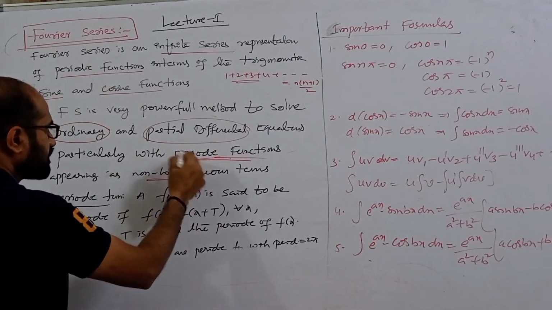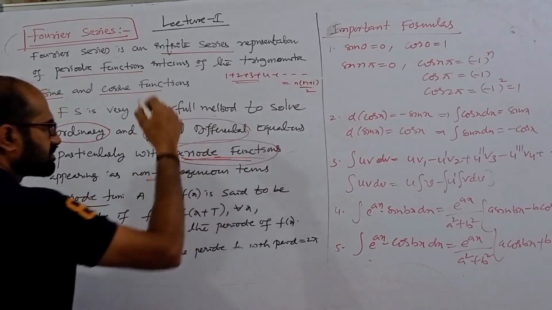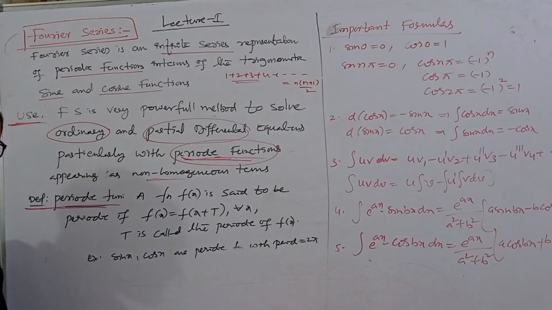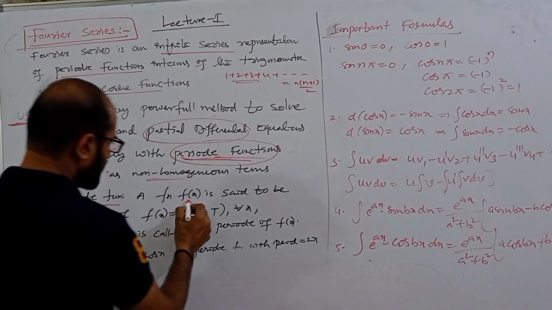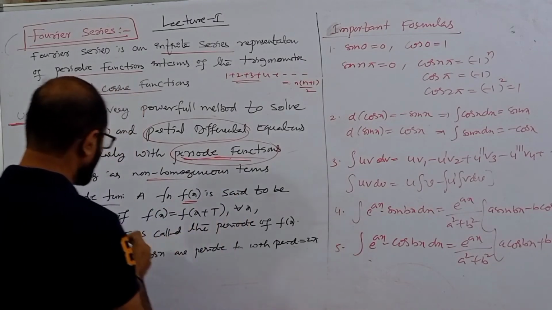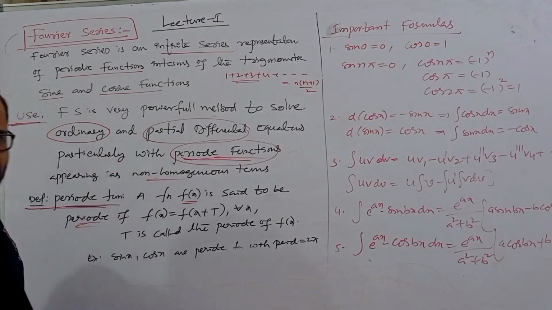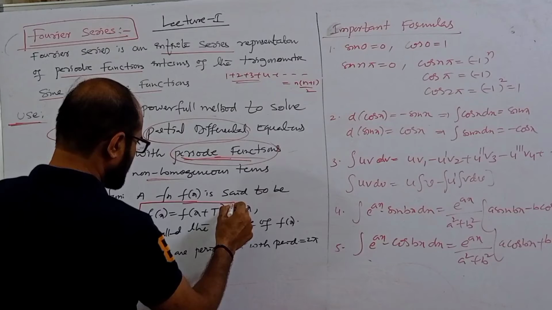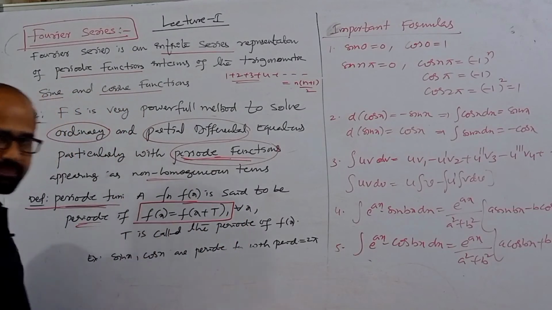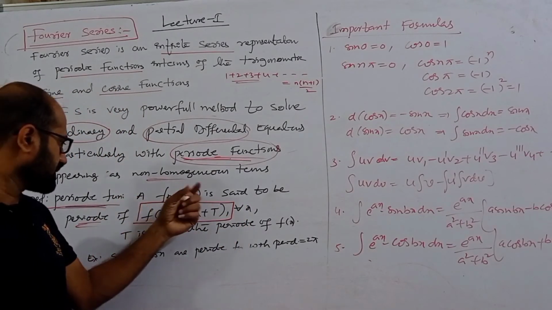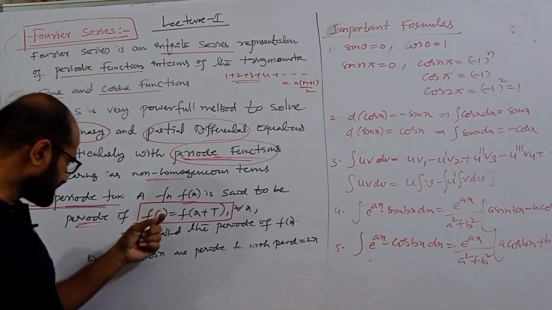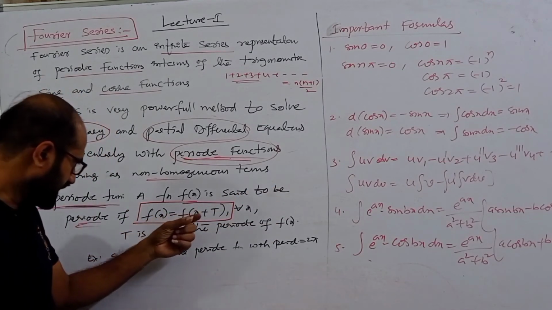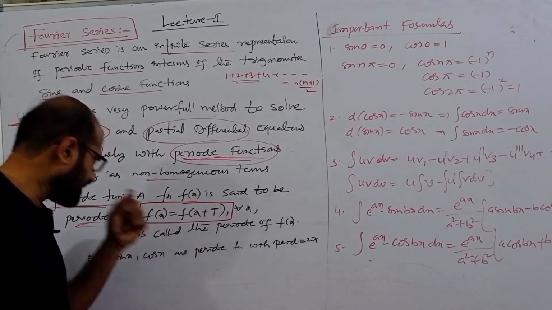Now, what is this periodic function? See, periodic function definition. A function f of x is said to be periodic if f of x equals f of x plus T. It means if you write f of x plus T, then you will get again f of x only.